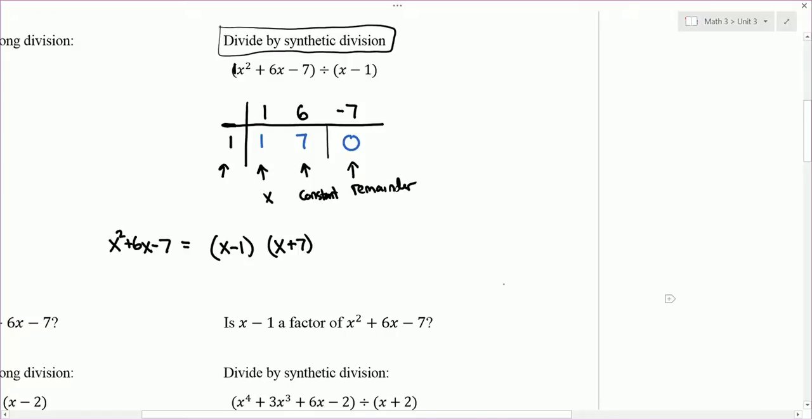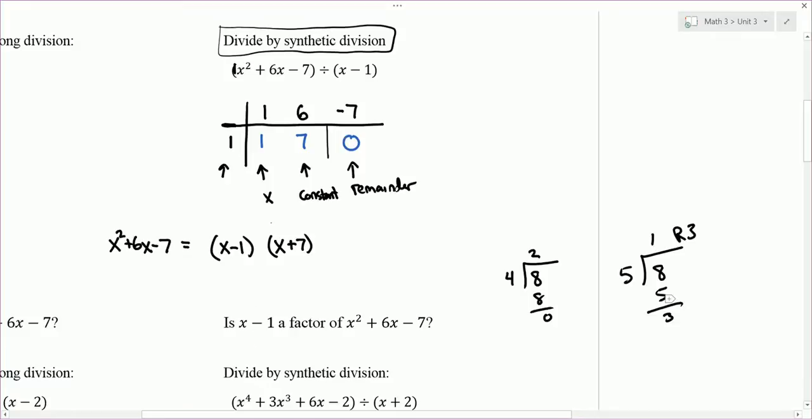For example, we know that 4 is a factor of 8 because when we divide 8 by 4, we get 2 and the remainder 0. But 5 is not a factor of 8 because when we divide here, we get a remainder of 3. So if your remainder is not 0, what you're dividing by is not a factor. But if your remainder is 0, then it is a factor.